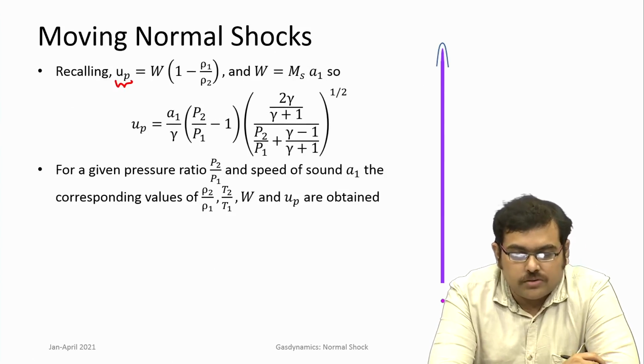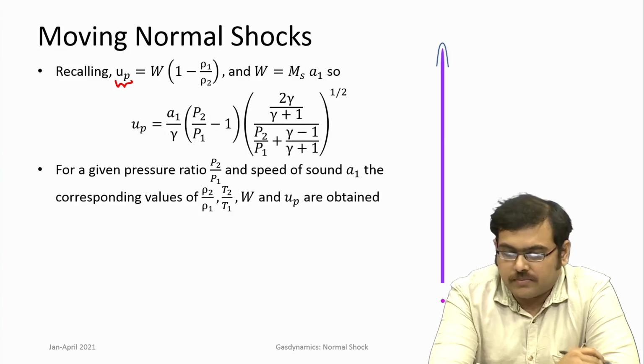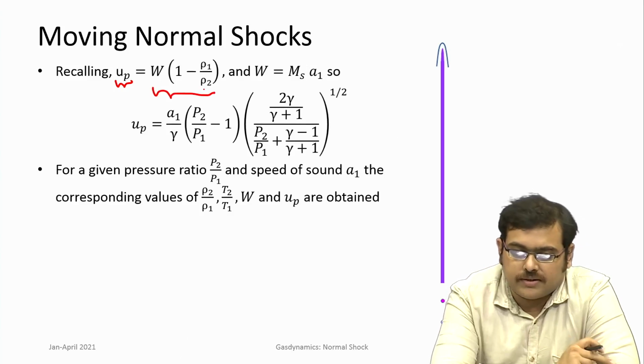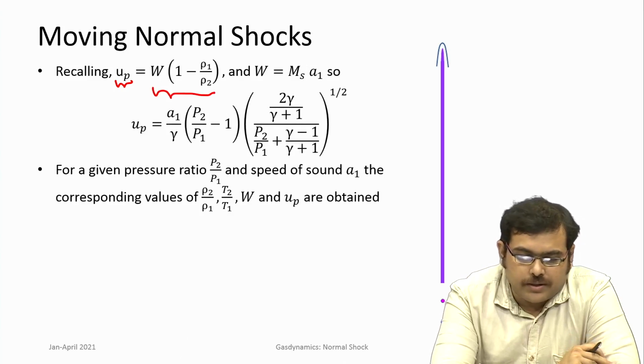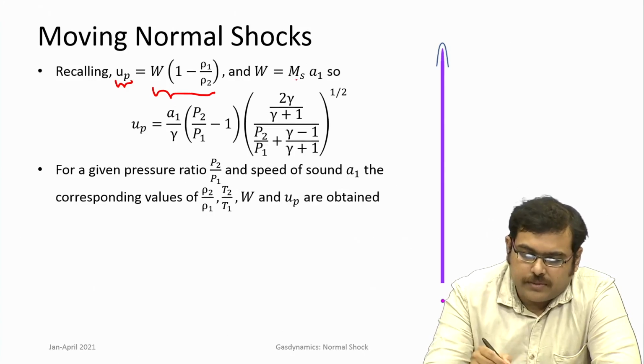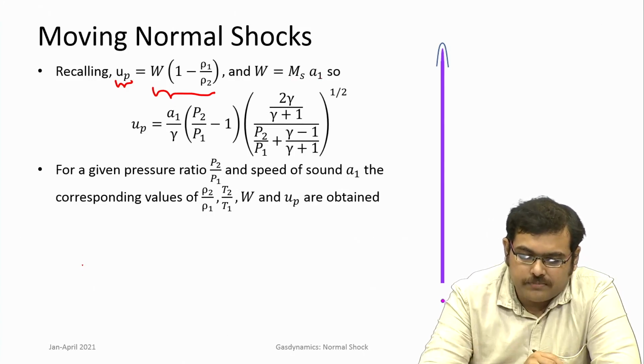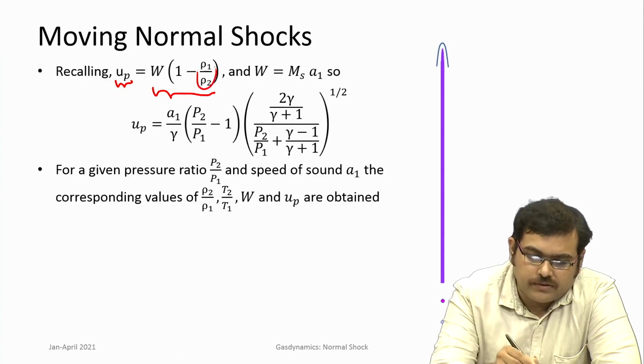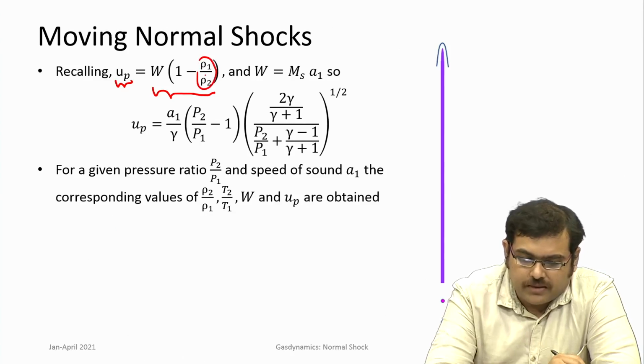To do that we use the expression from the continuity equation, which was represented there. UP is W multiplied by 1 minus rho 1 by rho 2, and W is MS multiplied by A1, and you can express this rho 1 by rho 2 in terms of P2 by P1.